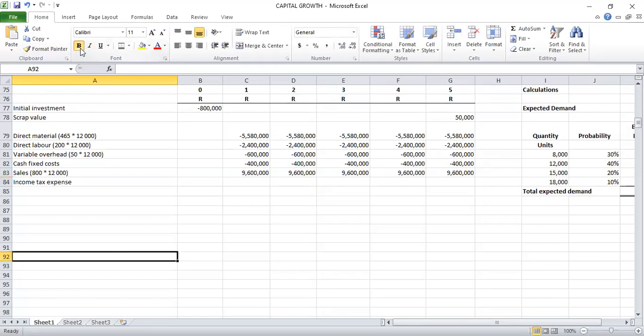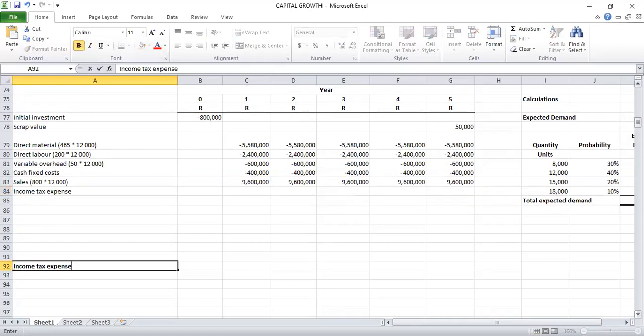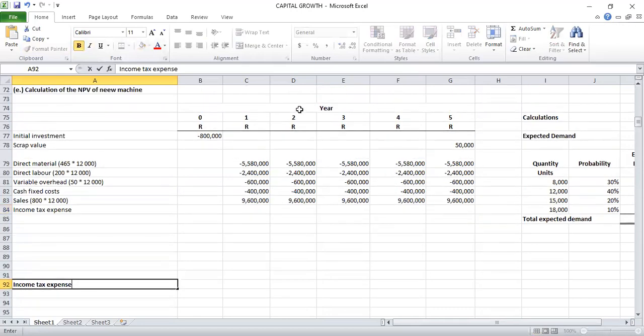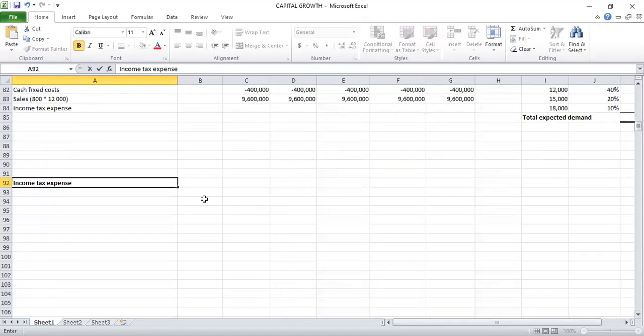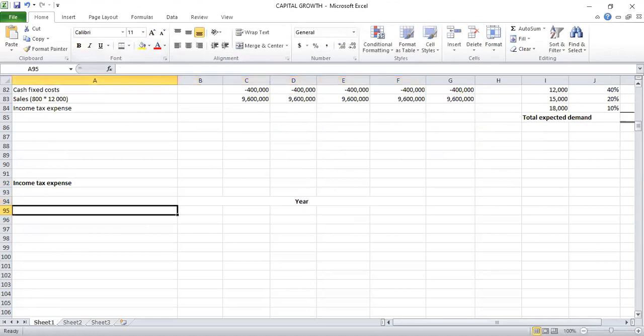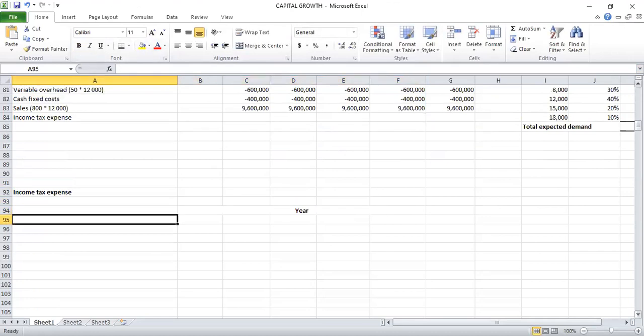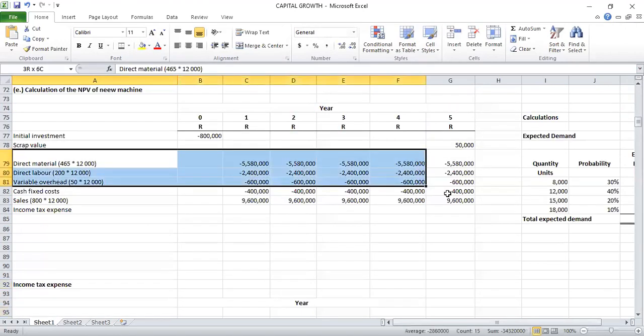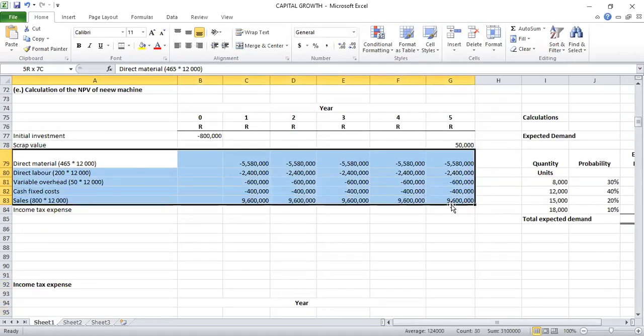Let me do a calculation of income tax expense somewhere here. Then I will take our costs and expenses.